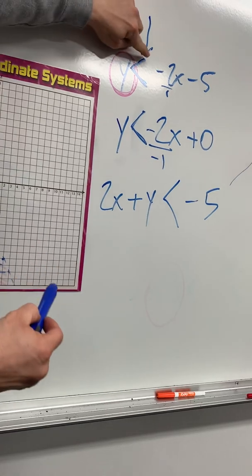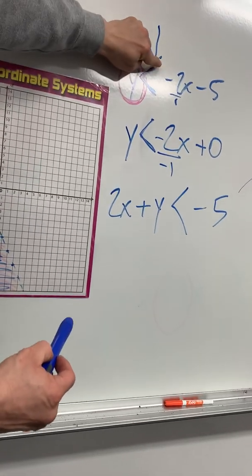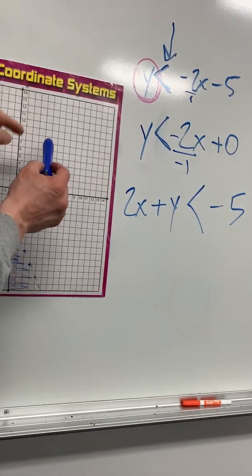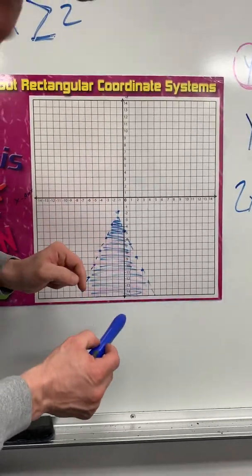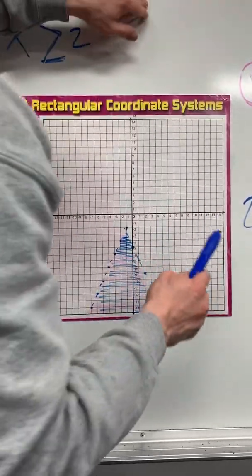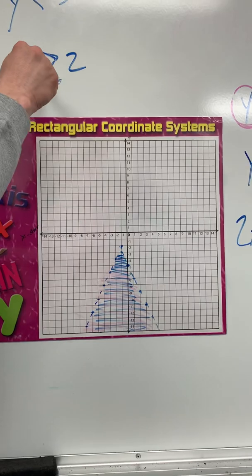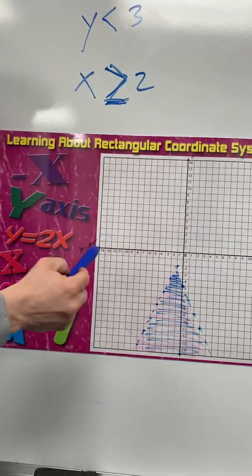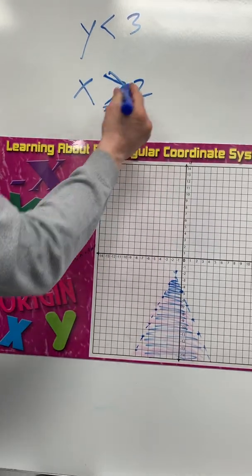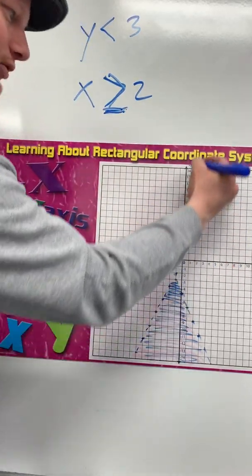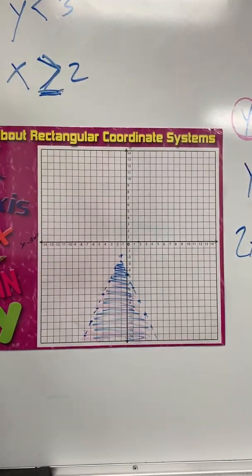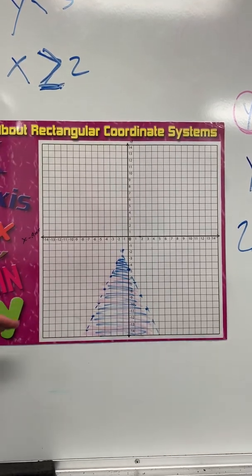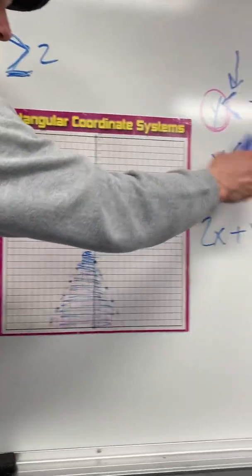Remember, if it's just a less than or a greater than, then your line is going to be dotted. If it is, for example, greater than or equal to, then if I'm going to graph this again, that would be a solid line. Now remember, back to our problems here.